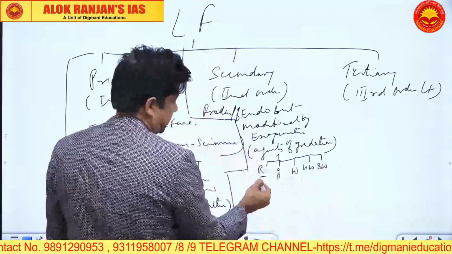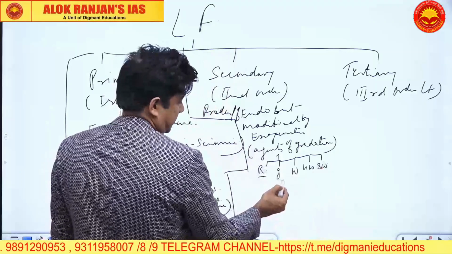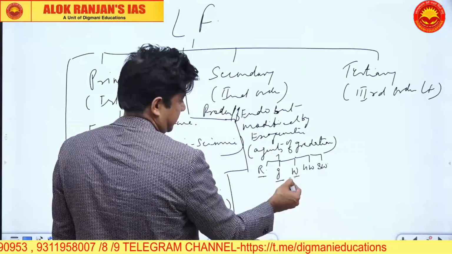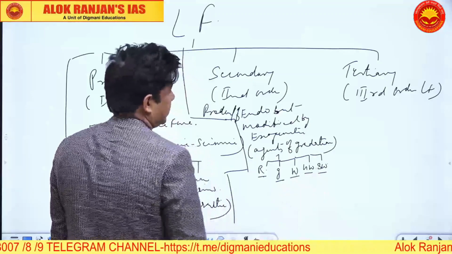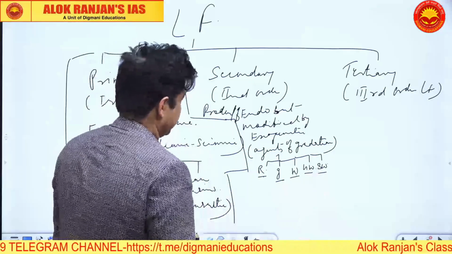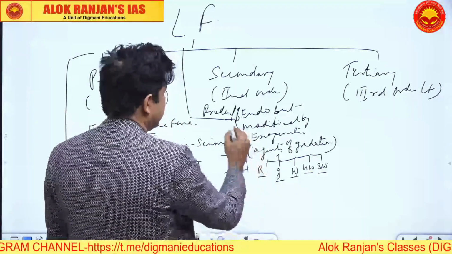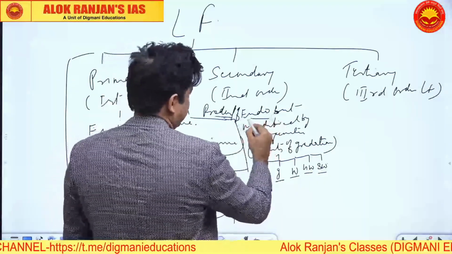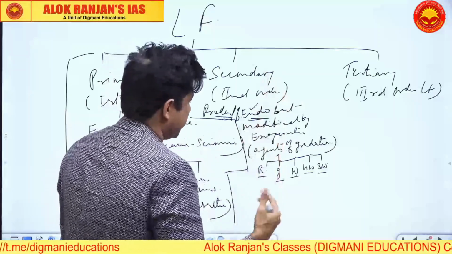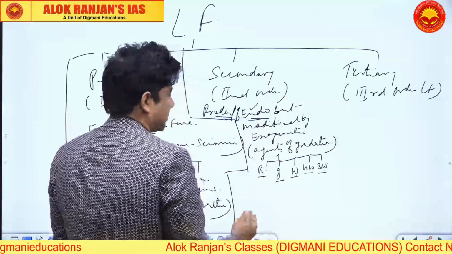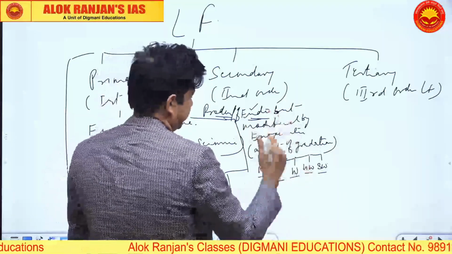I repeat again: river, glacier, wind, groundwater, sea waves. They are agents of gradation. Fine. So they are actually a product of endogenetic forces. Endogenetic forces are creating them, but they are being modified by the exogenetic forces.